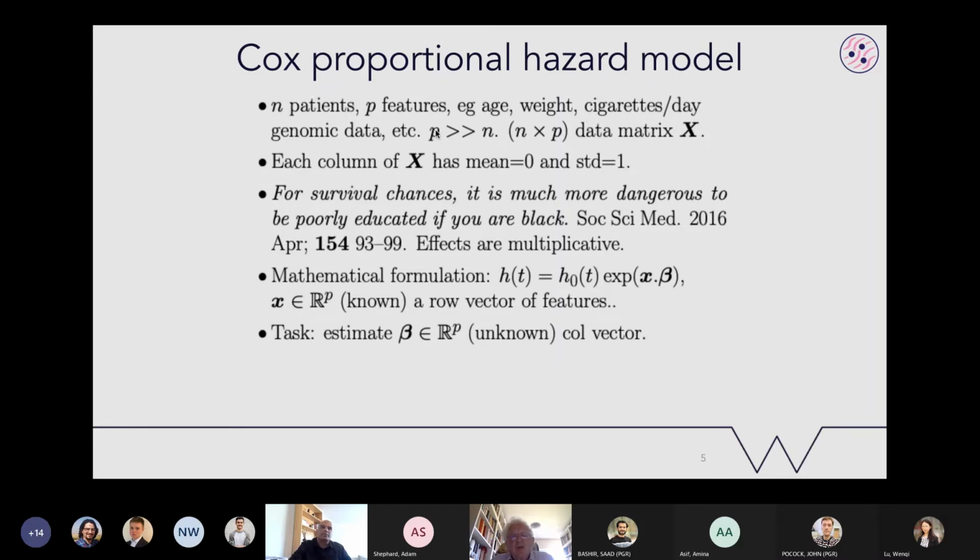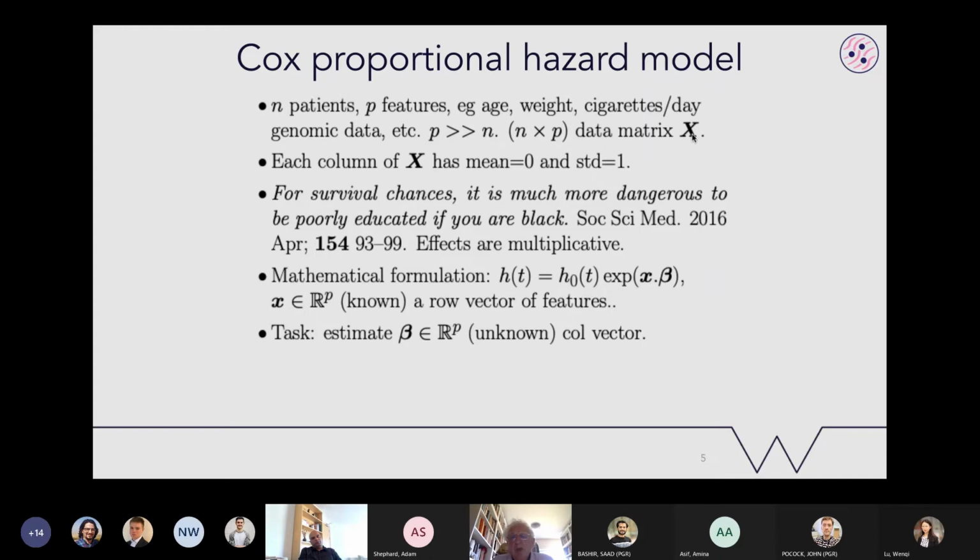So it's very important to use something like the Lasso method, which is what the L1 method is called, to remove the large number of features that are really irrelevant to the problem.